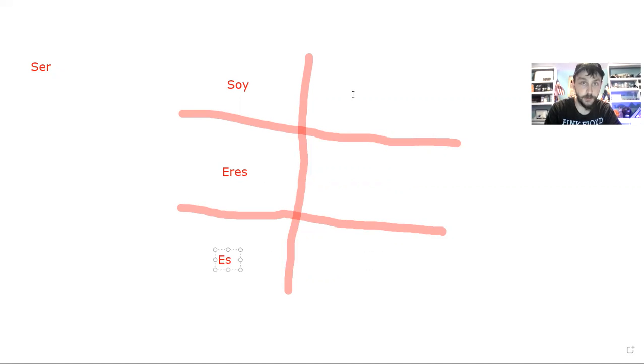And in the plural form, you have nosotros, nosotras somos. And count this out. This is the rare vosotros, vosotras form, but you use it only in Spain. And this is sois. And then the ellos, ellas, y ustedes form, son.